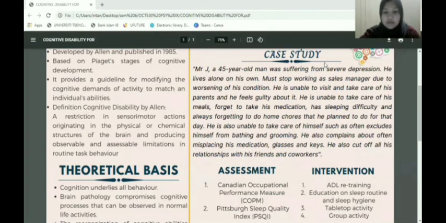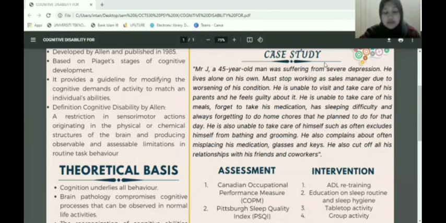Okay, the next problem is the patient has problems in cognitive function, especially in short-term memory. So the short-term goal for this problem is to improve the patient's short-term memory, and for the long-term goal, to enhance cognitive function, which is short-term memory.